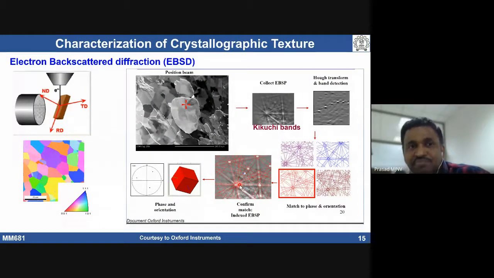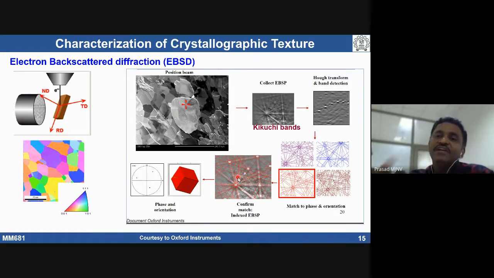That's why it's called electron backscatter diffraction, because we are using the backscattering phenomenon. In transmission electron microscopy, we use the transmitted beam, and there we get selected area diffraction patterns. Here we are collecting only the diffracted beam, which comes from backscattering.